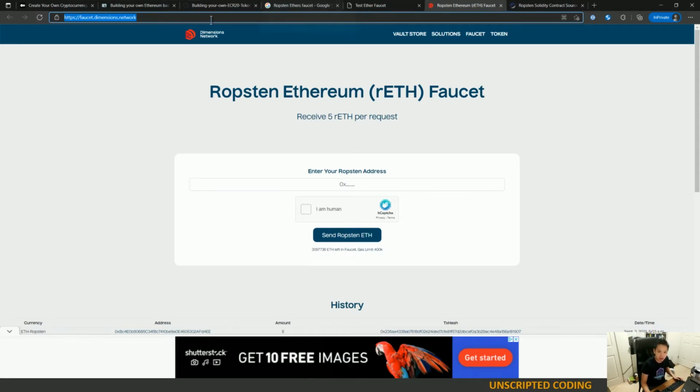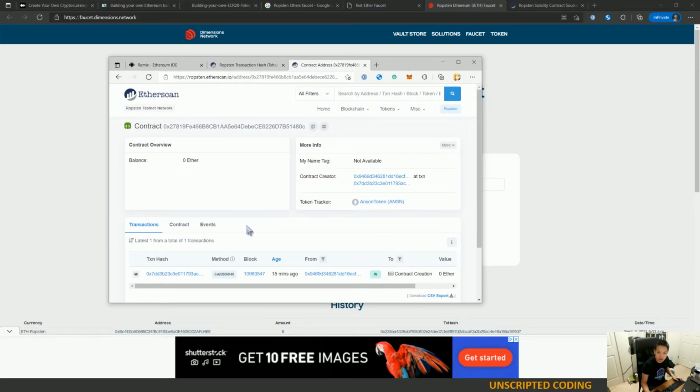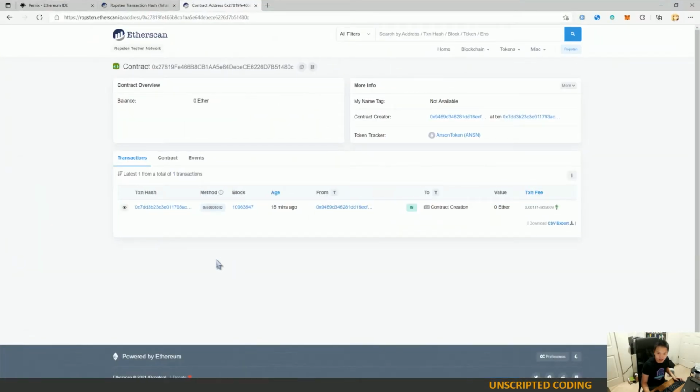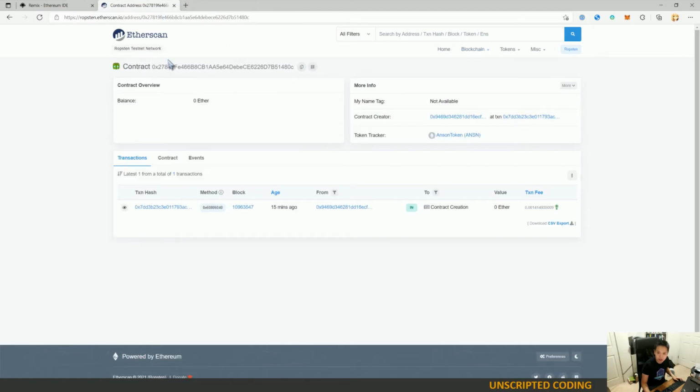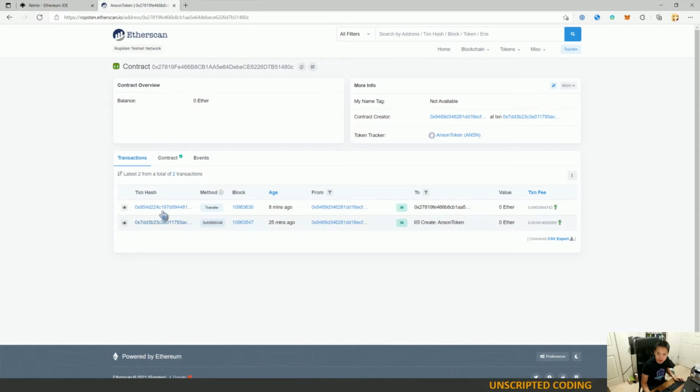We threw a contract up on there. You can see it on Etherscan. You can see the transactions, not this one, but you can see the contract. You can see the second transaction. So the first one is the creation and putting all 100 million coins into my wallet.